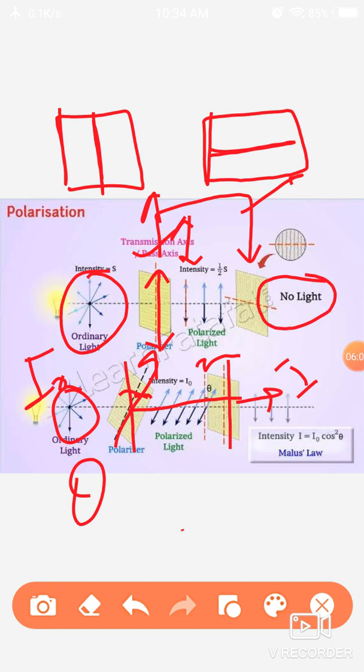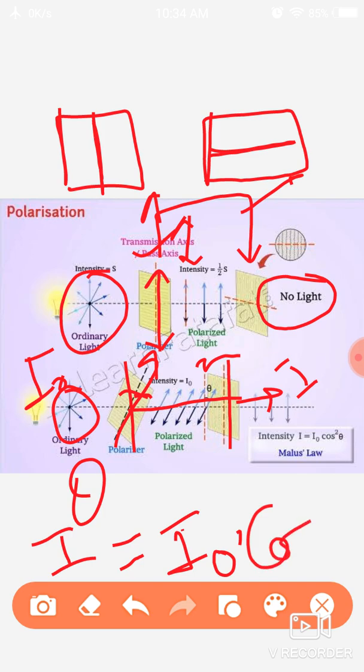Then according to Malus law, the intensity of polarized light I is always equal to the initial ordinary light intensity multiplied by the square of the cosine of the angle between the polarizer and analyzer.